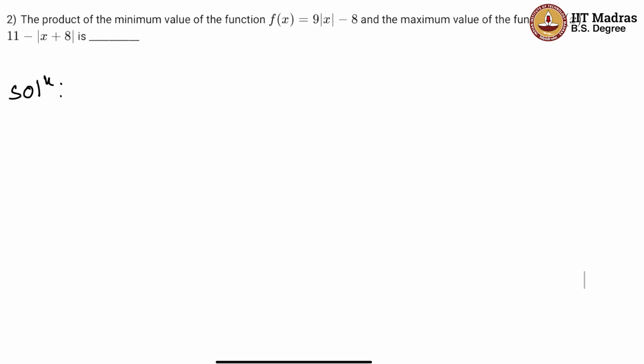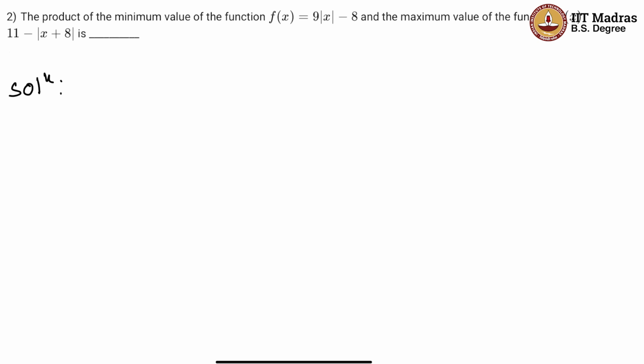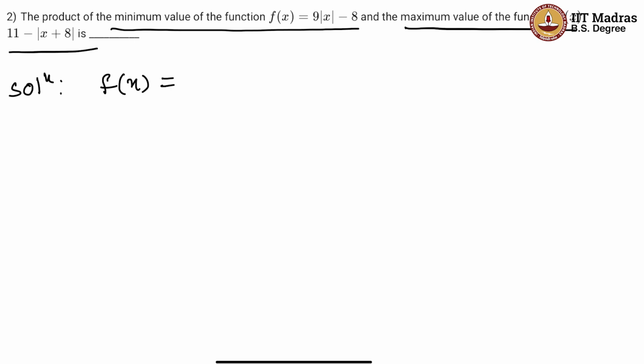So what is the next question here? The product of the minimum value of this function and the maximum value of this function is what? So we have given f(x) equals 9|x| - 8. What will be the minimum value of the function?